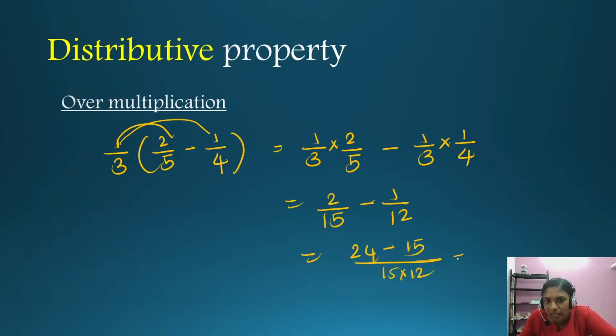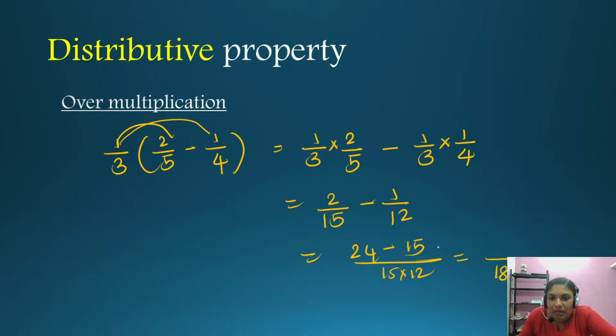Okay. Then what will you get? Let me think. 15 into 12. Actually, there are some methods. There are tricks for this. But for now, I will multiply this. Okay. 15 into 12 will be 180. Then actually there is a trick I have posted in my channel, I think.